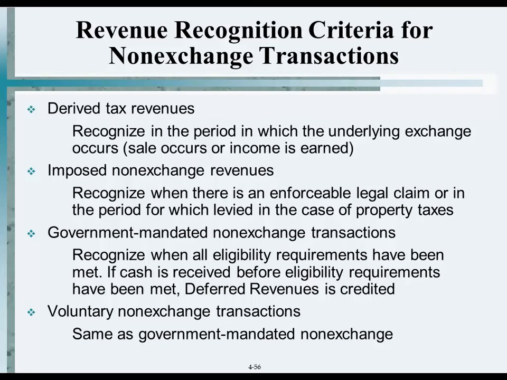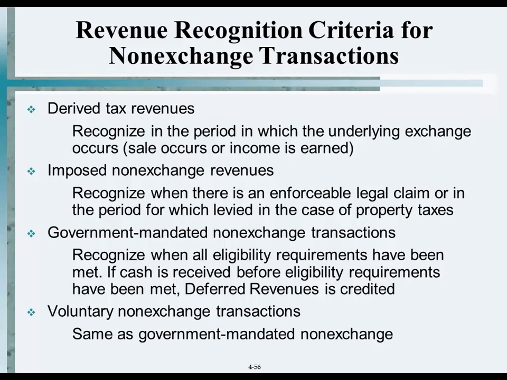Real revenue, right? The third case would be where I say, okay, I'm going to give you this money for this purpose and for this period. So now I have to meet what? Both those requirements instead of just a blank check.